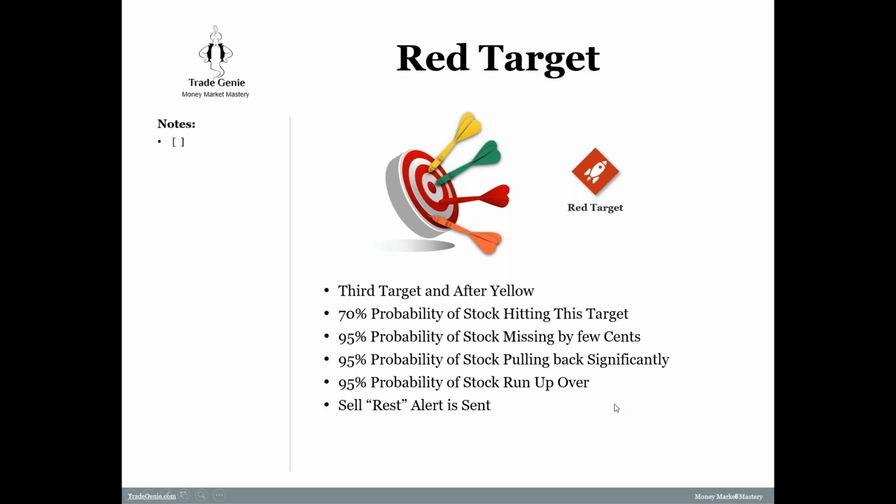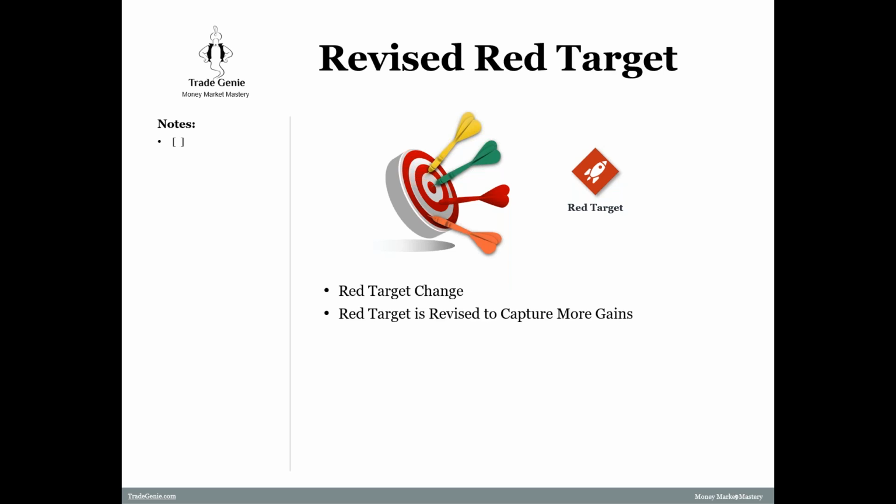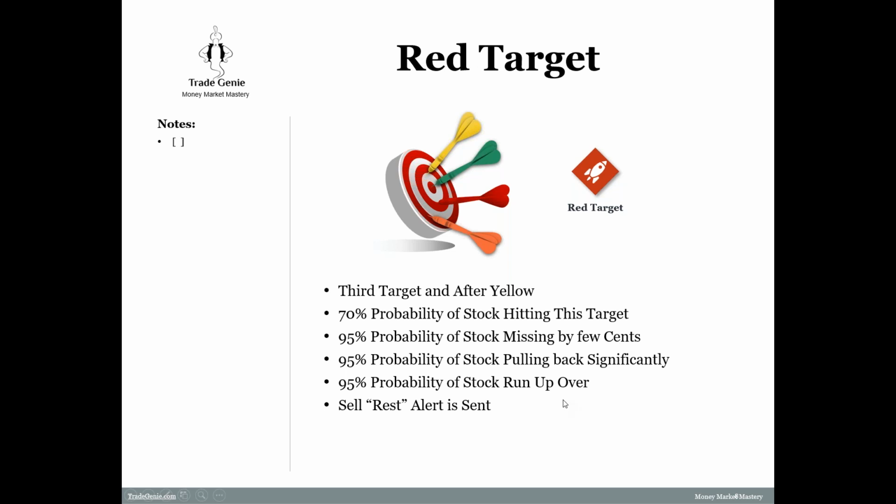The red target is designed to be set below major resistance if it's a call, and if it's a put, just above the support level. So be careful when the red target is hitting. We do provide the red target, and it says third target.